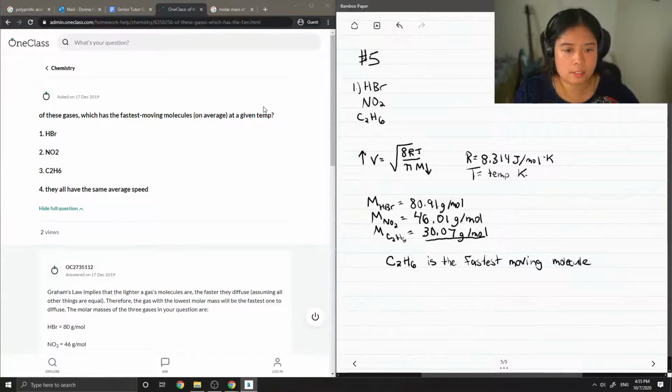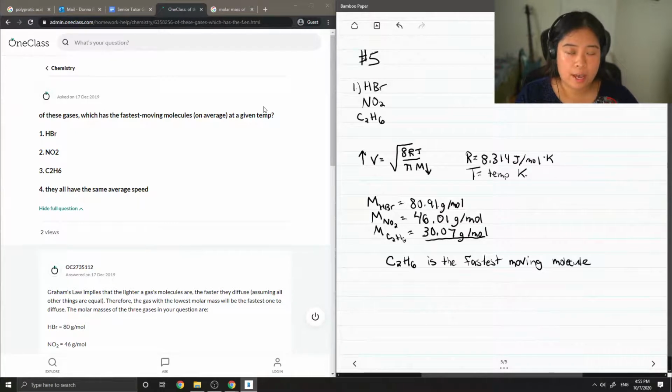Since this question only asks at a given temperature, we can just state the trends. However, if they gave us a temperature, like 25 degrees Celsius, we would plug it into the equation I wrote down to calculate the speed.